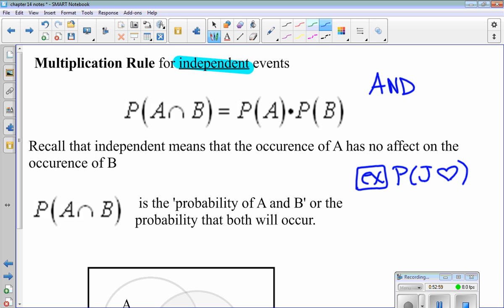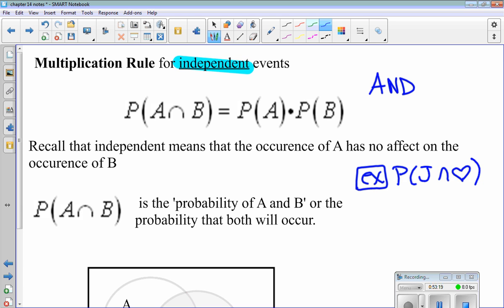Let's do 2 cards. If I draw 2 cards, not 1 card, not a jack of hearts. That would be just one. There's only one in the deck, right? Okay, I'm going to draw 2 cards. What's the probability of drawing a jack and a probability of drawing a heart?